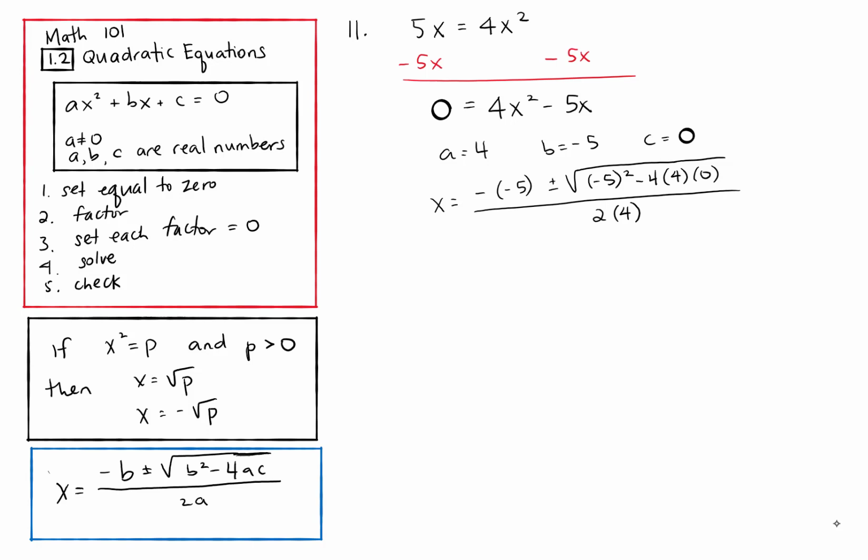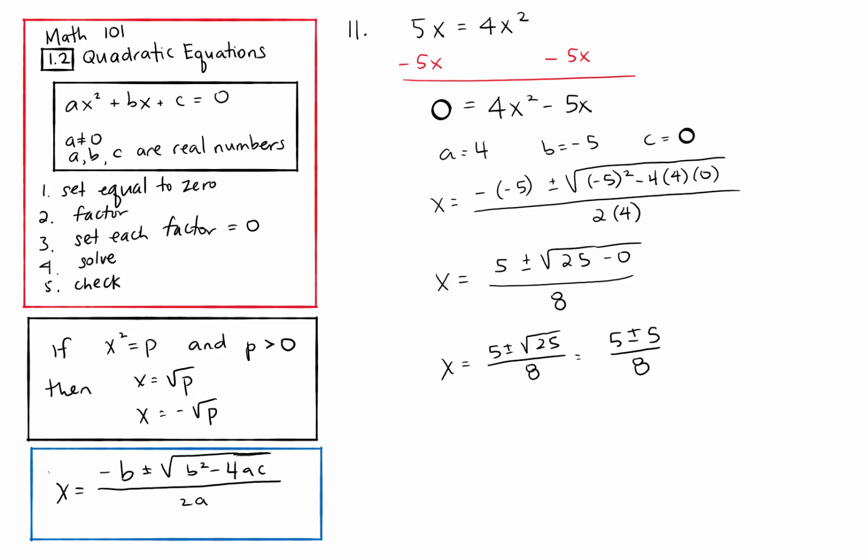So that negative b becomes a positive 5 because those negatives cancel out. And then we also get positive 25 minus 0 all over 8. You're going to go 5 plus or minus radical 25 over 8. So that becomes 5 plus or minus 5 over 8.